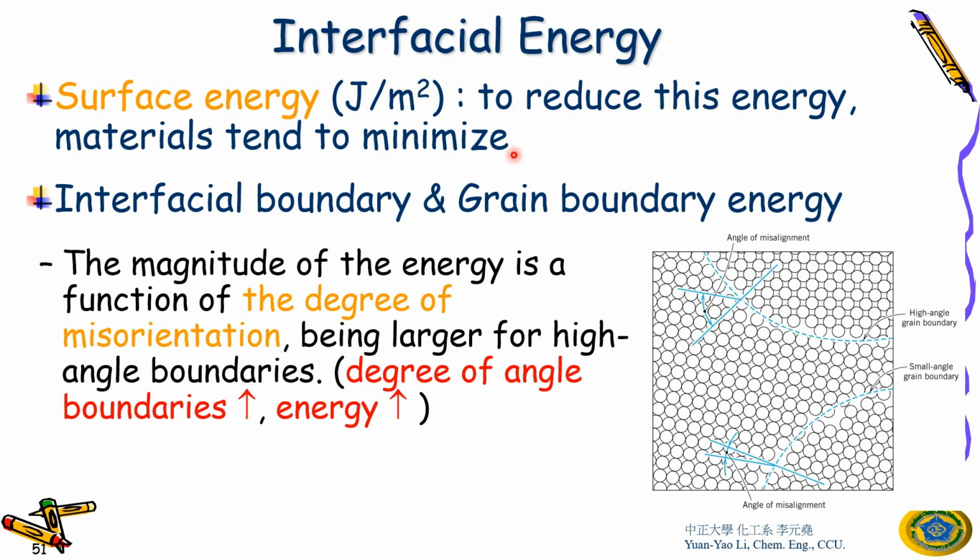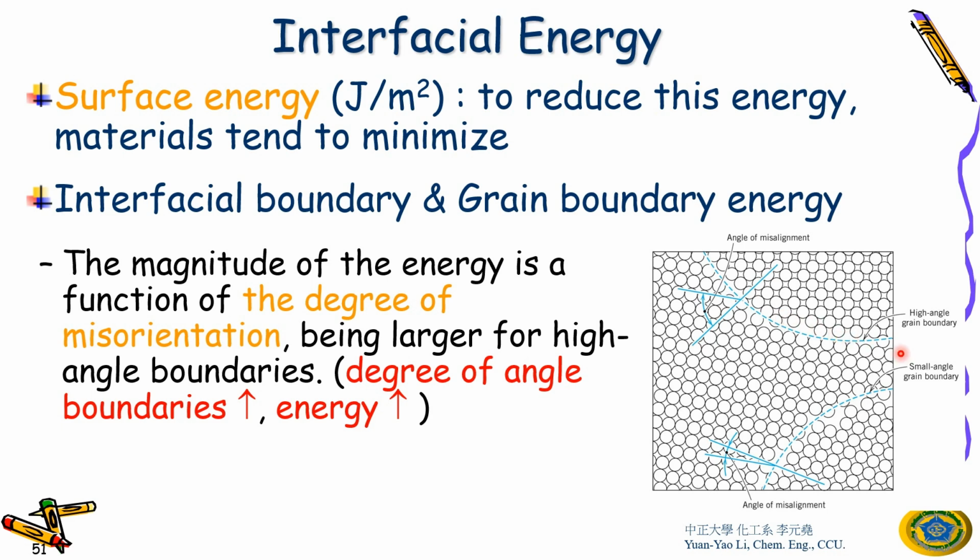We all know this. Okay, so for interfacial boundaries and grain boundary energy, the magnitude of the energy is a function of the degree of misorientation, being larger for higher angle boundaries. So, for example, this is a high angle grain boundary.